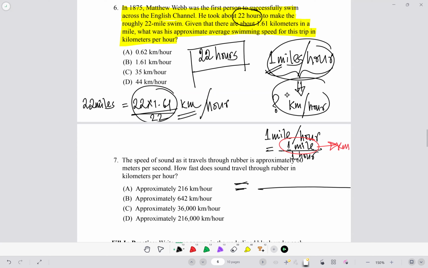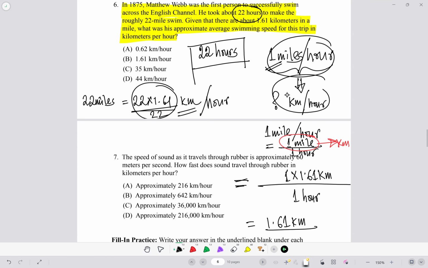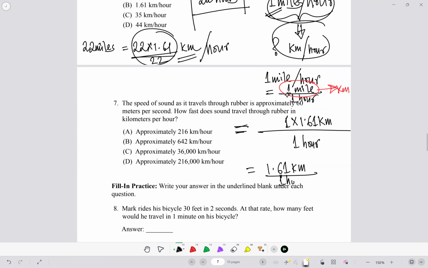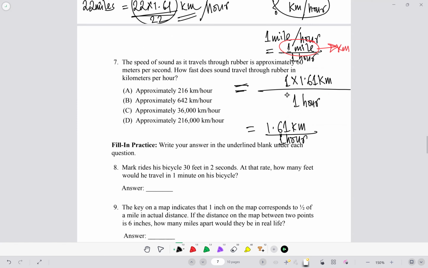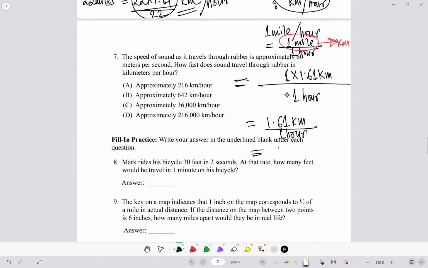So if you want to convert this mile to kilometer, you can write 1 times 1.61 kilometer divided by 1 hour, which is nothing but 1.61 kilometer per hour.